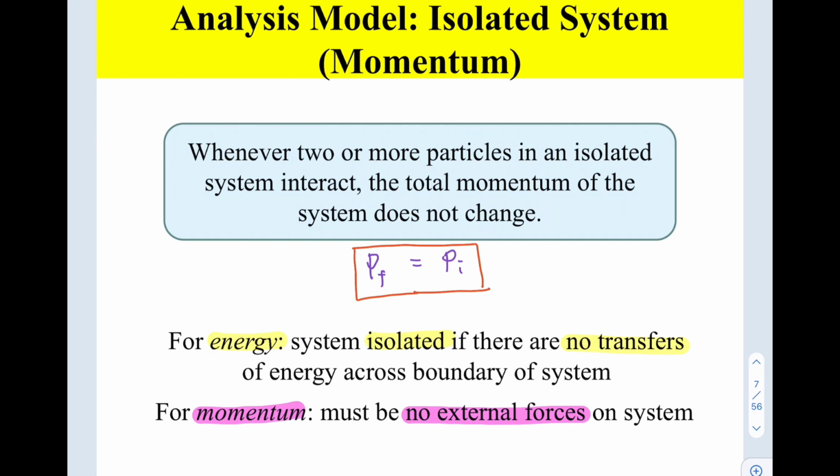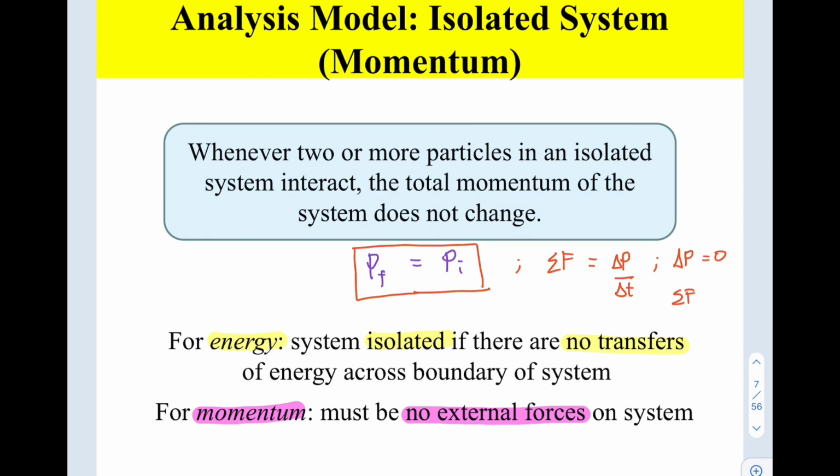Why is it so? Because just now, sum of F is equal to change in momentum over time. So if you want delta P to be 0, the sum of F must be 0. What does it mean that delta P is 0?